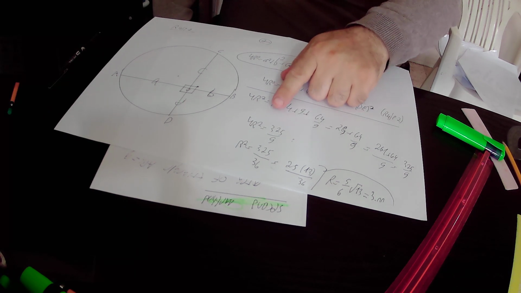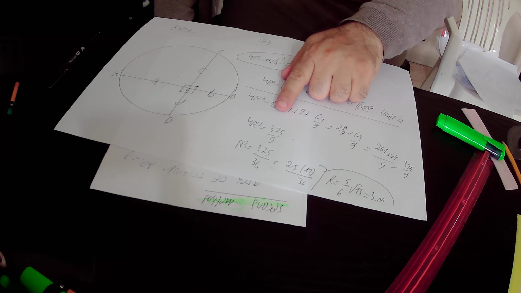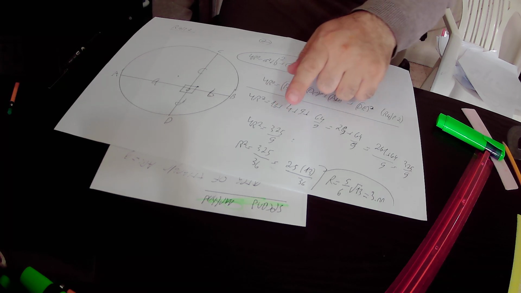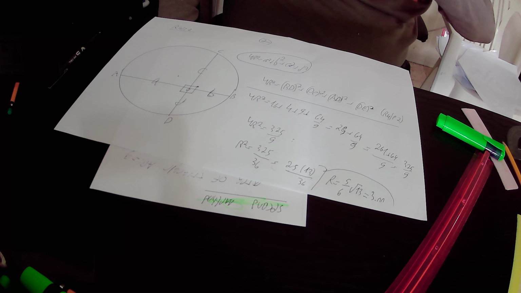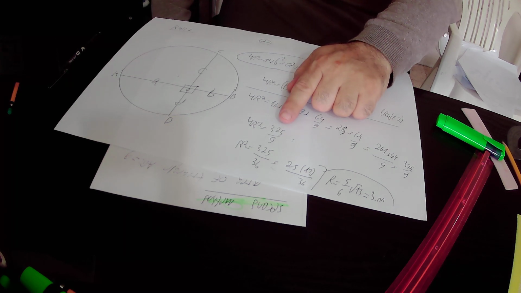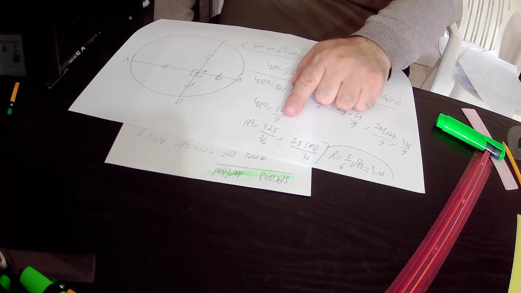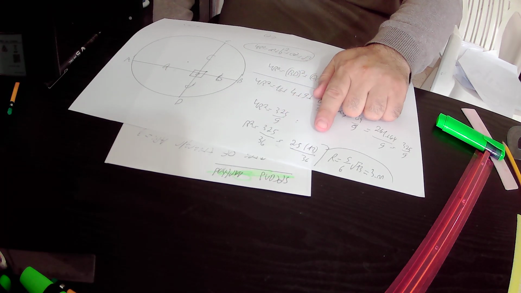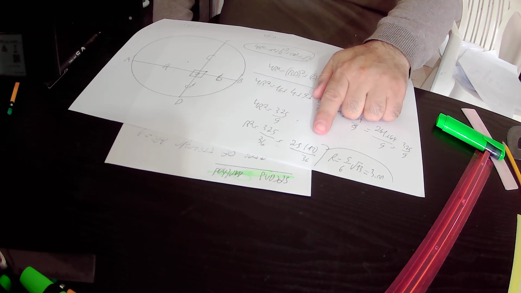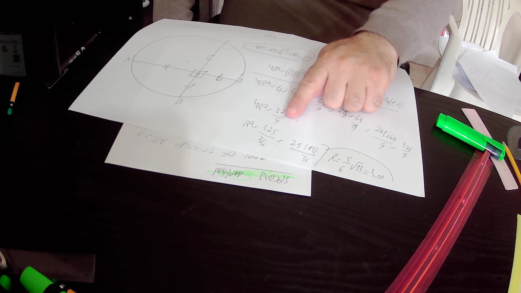We divided this equation by 4 and found that R squared equals 325 over 36, since 4 times 9 is 36. We substituted 325 by 25 times 13, since 25 times 13 equals 325.